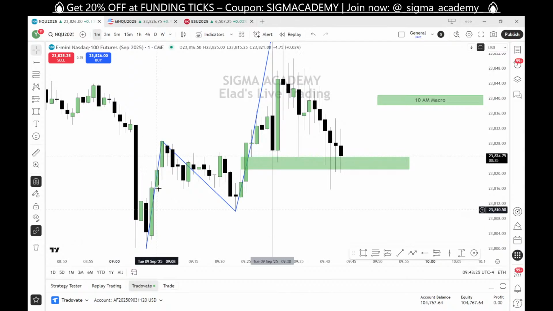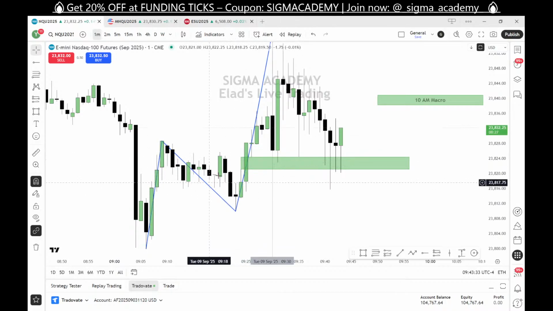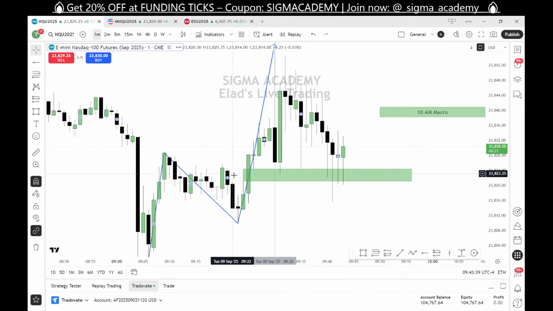The first thing that I told you, market structure. The second is fair value gap, and the last thing is the breath. Okay, pay attention to the down candles in an uptrend and the up candles in the downtrend. In a bullish scenario, wait for down candles.